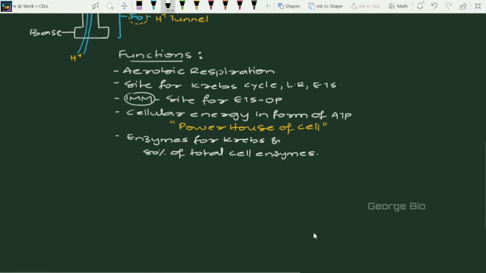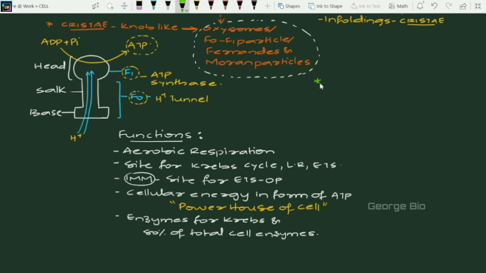Let's go with some special properties. Number 1. If you look at the maize plant, it consists of a certain gene in the mitochondria that is called CMS gene, and this CMS is abbreviated as cytoplasmic male sterility gene.